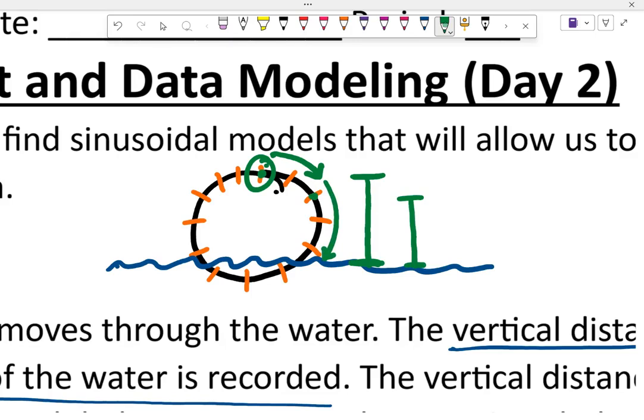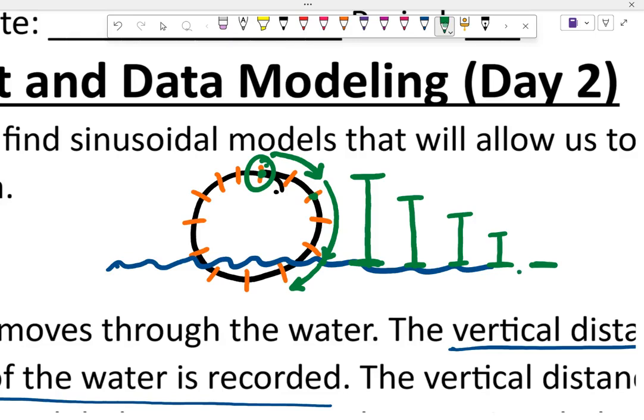What happens when it gets to here? The surface of the water. What's my height? 0, right? But that height kept on decreasing until it reached 0, the surface of the water. But then what happens after it hits the surface of the water? Wouldn't it make sense for that height to be negative, guys?